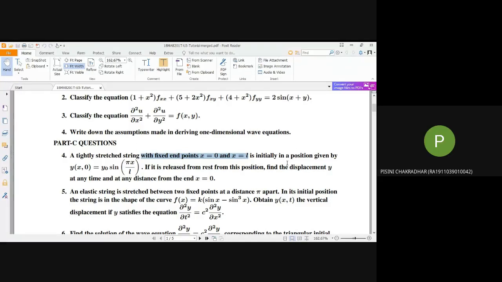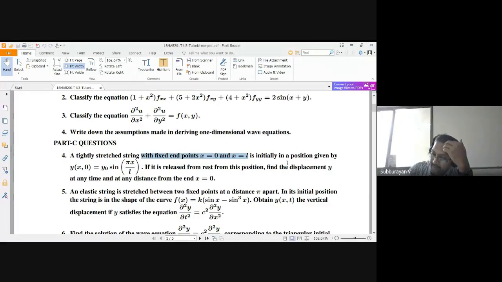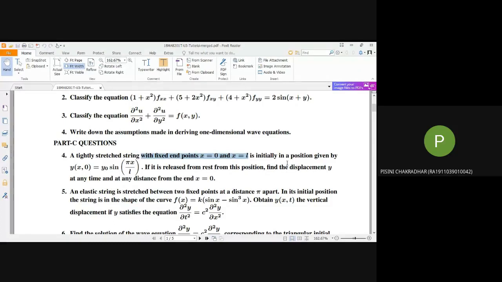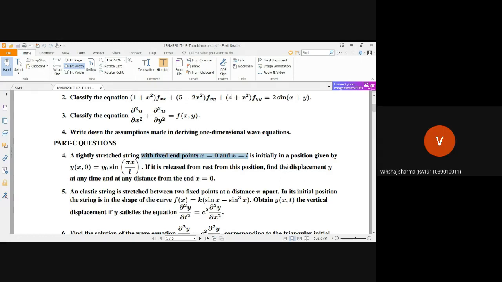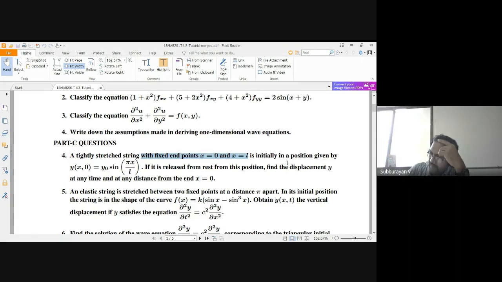y of x comma t is equal to (A cos lambda x plus B sin lambda x) into (C cos lambda ct plus D sin lambda ct).